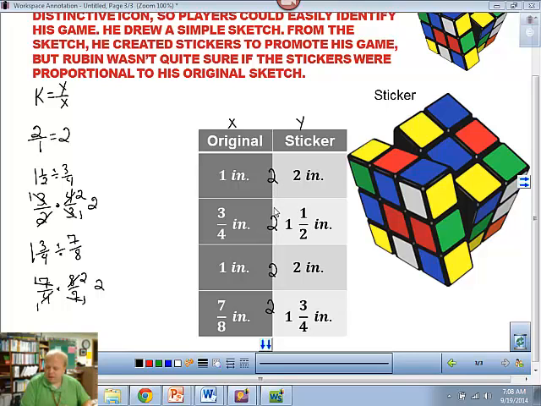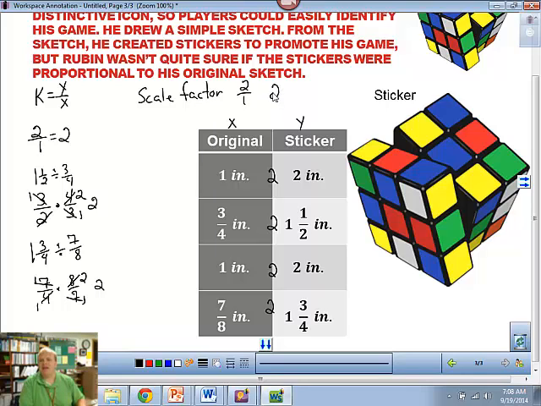Now, when we're talking about the scale factor, is a new drawing or sticker larger or smaller? Well, it's larger, so this would be an enlargement. Okay. Now, and then the scale factor. Okay, if I want to know what the scale factor of this drawing is, remember our ratio is 2 over 1.